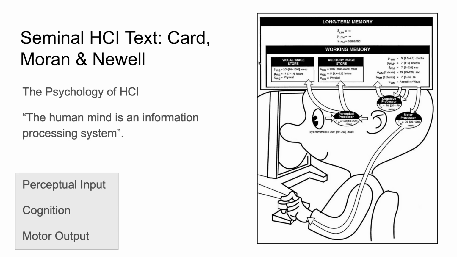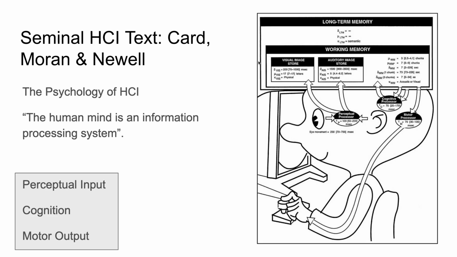What they did was they broke down a human into 3 parts. There's some perceptual input, so that's processing information from the eyes, information from other senses. How long does that take? What does that look like? What's the biology? What's the cognition involved?